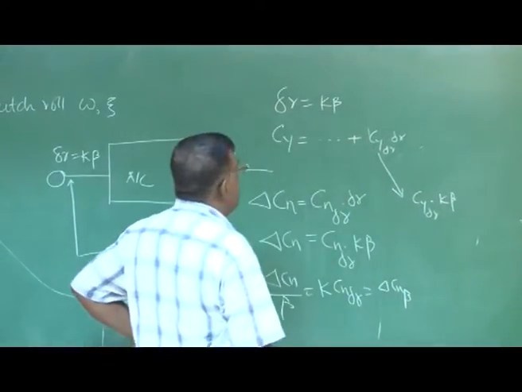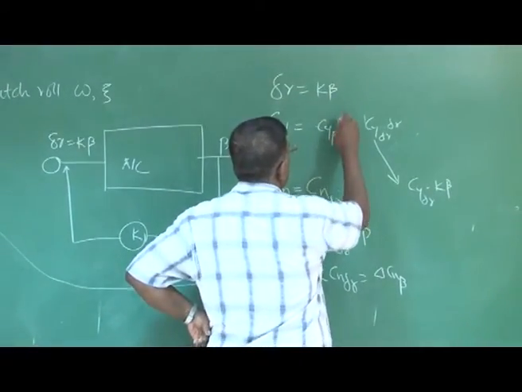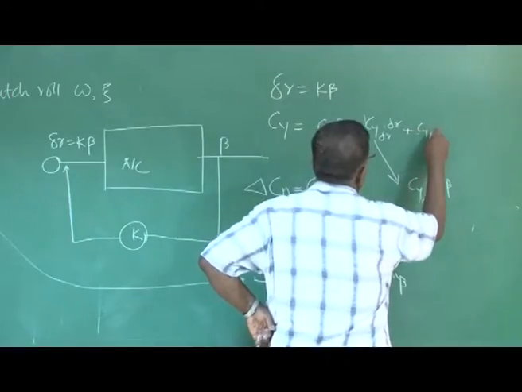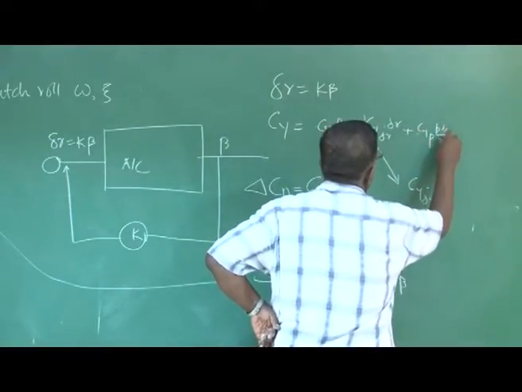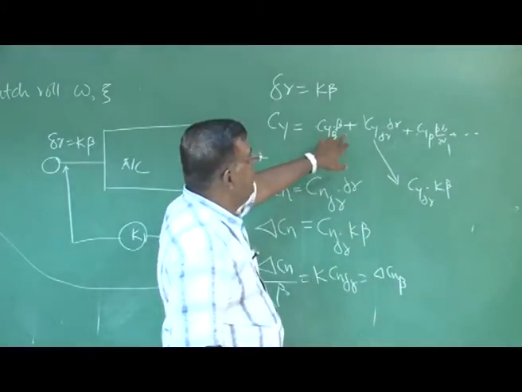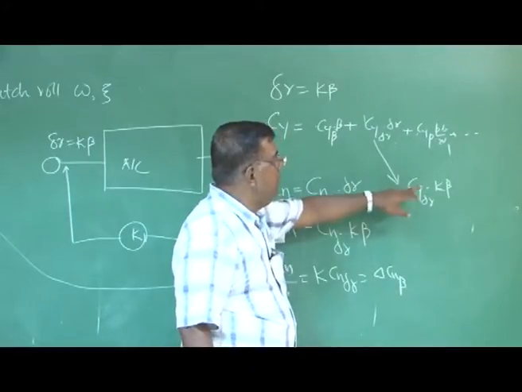Here we had Cy beta into beta, and there may be Cy p into pb by 2V, like this. Now Cy beta into beta was there, and now Cy delta R into delta R, which is Cy delta R into k beta.